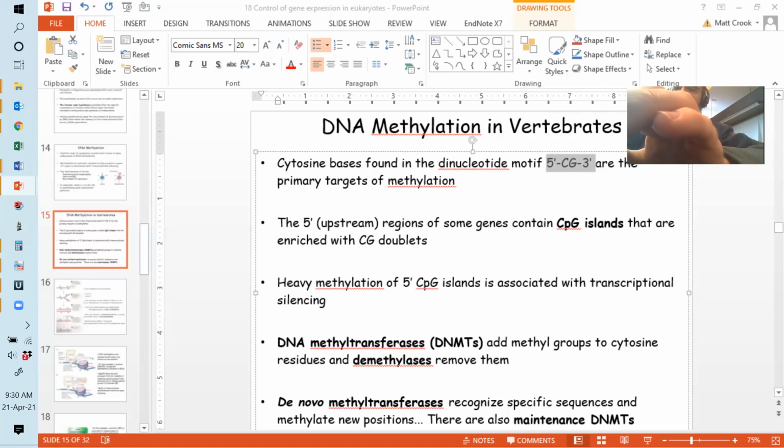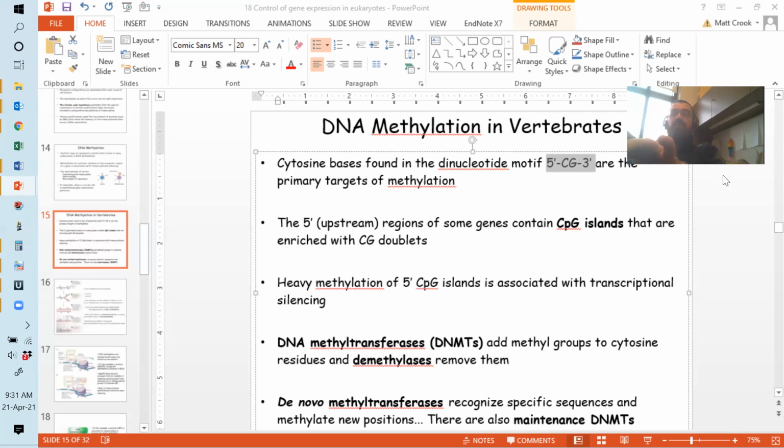Demethylases, I don't know if there's a shortening for those or not, are called removing methyl groups and transcriptional activation, if the other conditions are present for transcription to occur, such as the presence of those transcription factors.